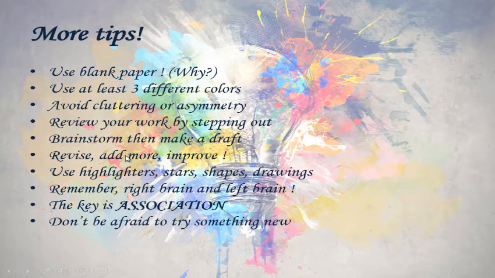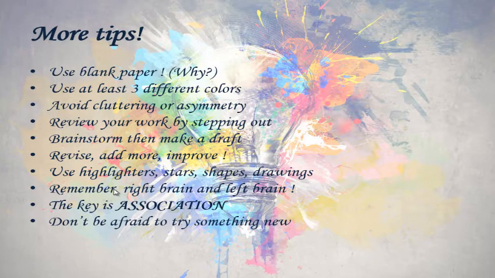You should use highlighters, shapes, drawings, like stars or all the other different shapes. Remember, right brain and left brain. The thing about that is you want to utilize different aspects of your hemispheres. The left brain is usually associated with music and art, and the right brain is more about math and calculations and letters.